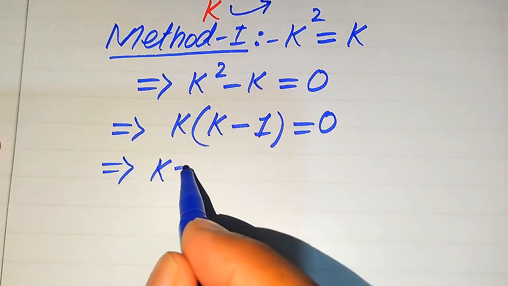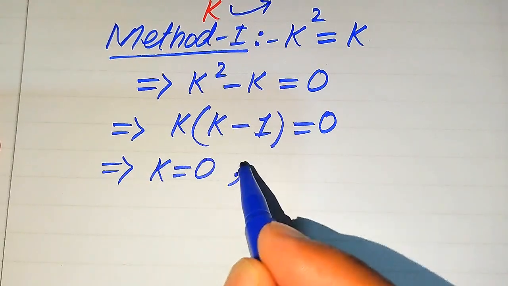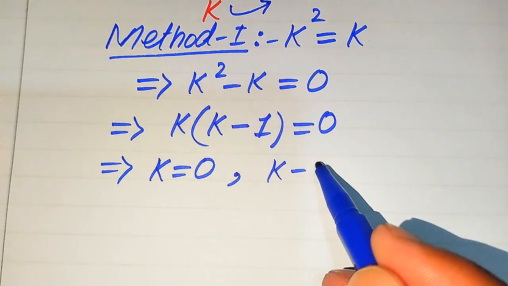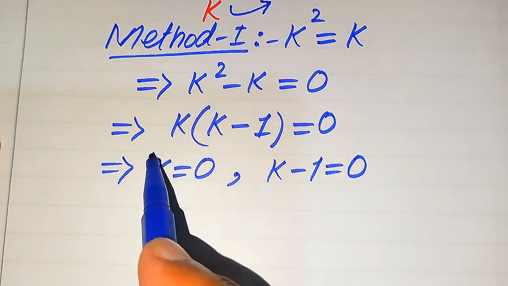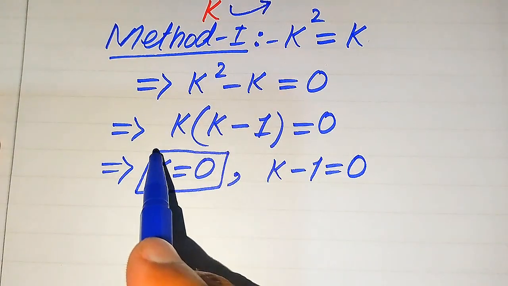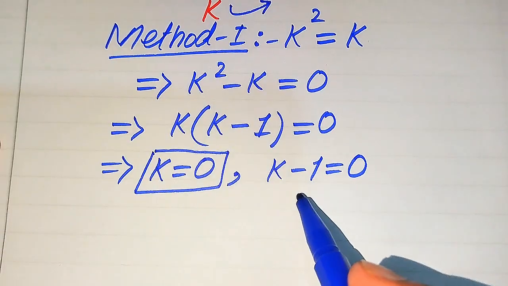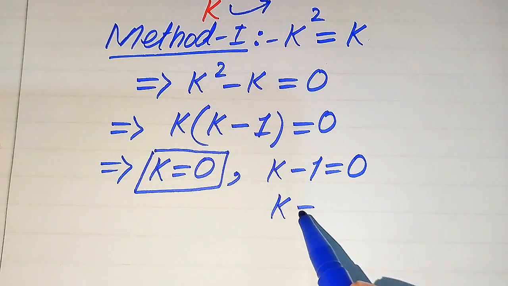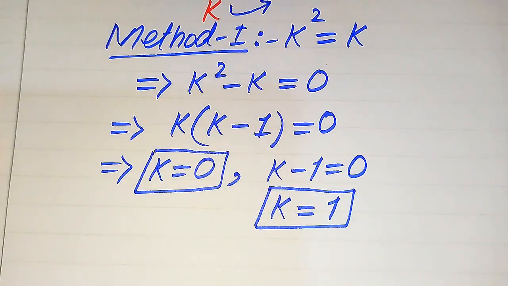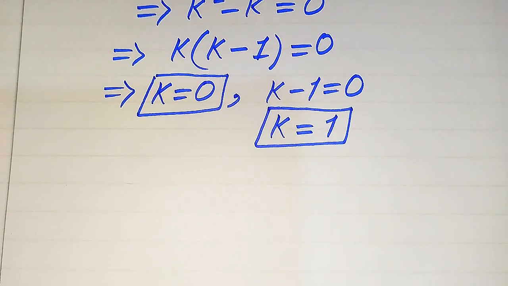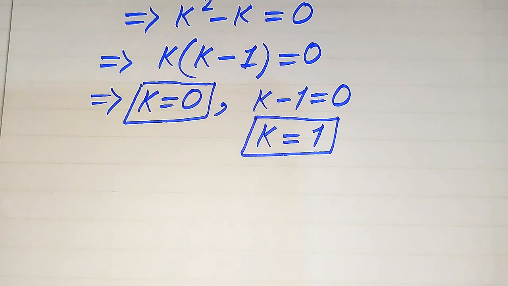The first case is we write k is equal to 0, and the second case is we write k minus 1 is equal to 0. So this is the first root of the given equation, and from here we easily get the second value of k, and that is k is equal to plus 1. So this is the second value of k, or second root of the given equation.